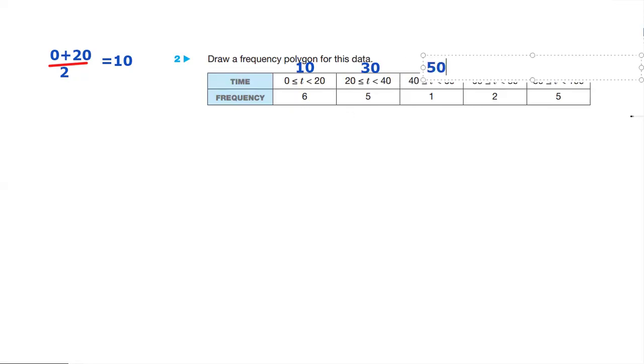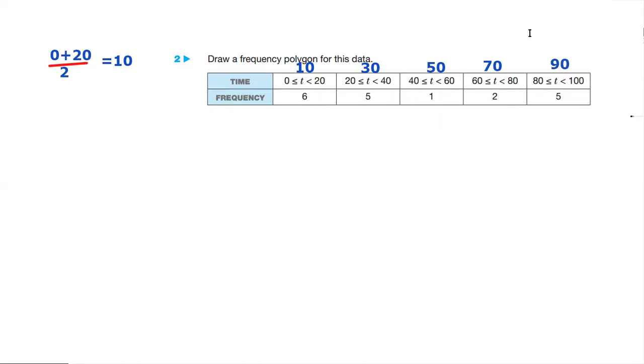Divide by 2 is going to be 50. And then here, 60 plus 80 is 140. Divide by 2, it's 70. And then we have 80 plus 100 is 180. Divide by 2, it's 90.